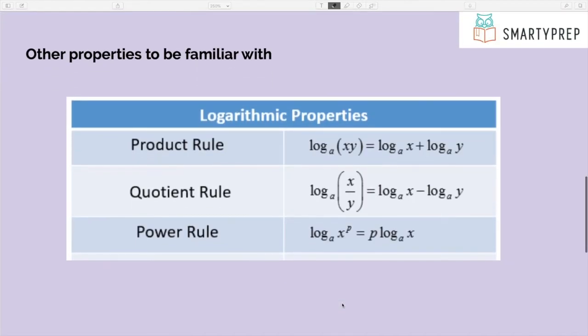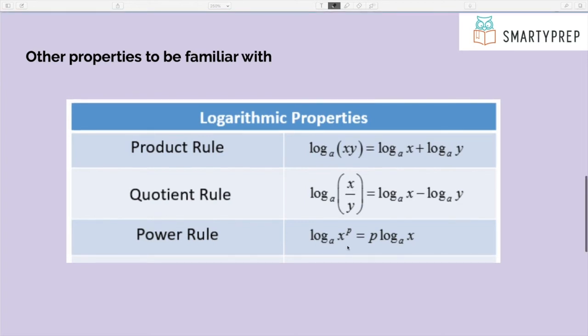The other important properties, and really this is it as far as what you'll see on Smarty Prep, are the product rule, the quotient rule, and the power rule. The product rule states that if you add logs of the same base together, that's the same thing as multiplying the insides. By the same token, for the quotient rule, if you subtract logs of the same base, then that can be simplified by dividing the insides of the logs.